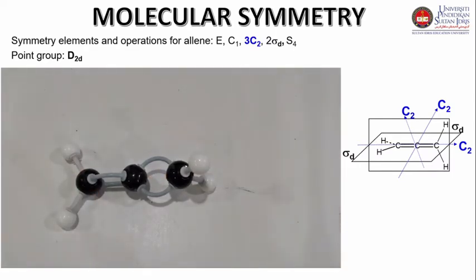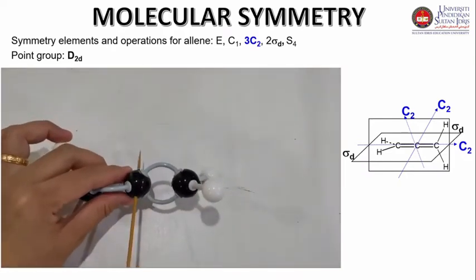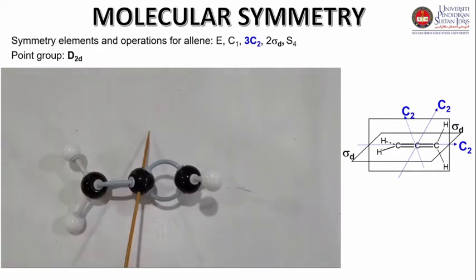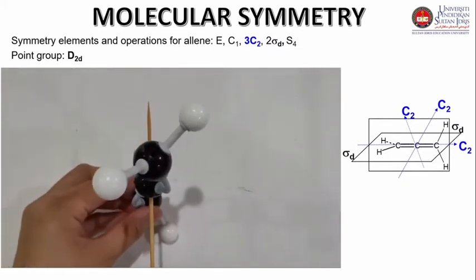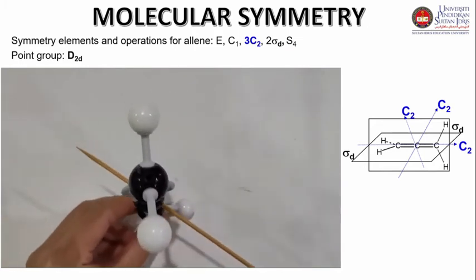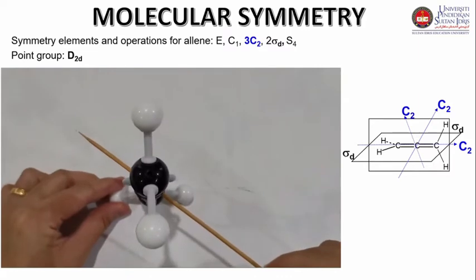So the C2 axis is present along this axis, and another C2 axis lies through this carbon atom. If we consider the second carbon atom and check the C2 action, we can rotate the molecule through 180 degrees. Then if we rotate through this orientation, we can get an equivalent configuration.